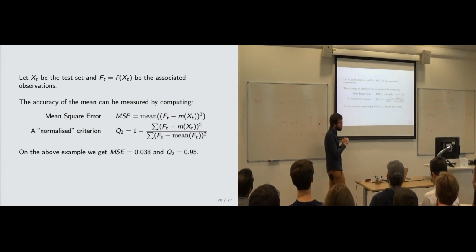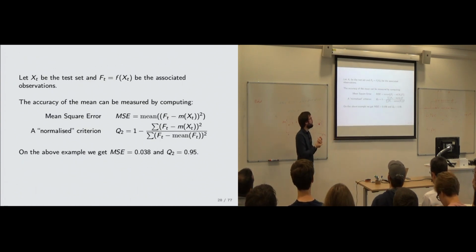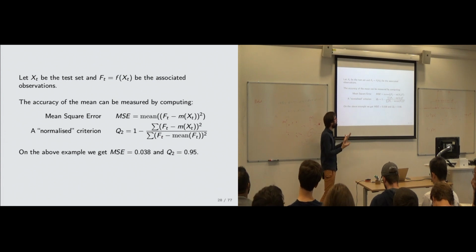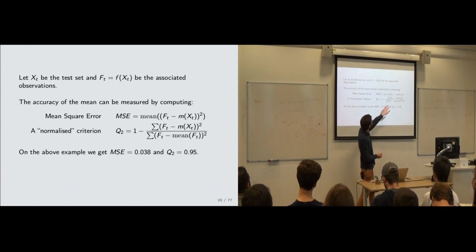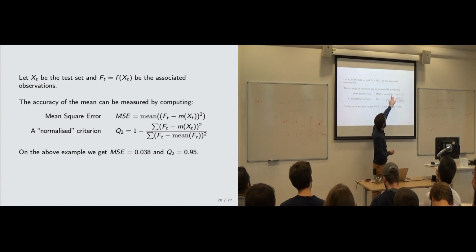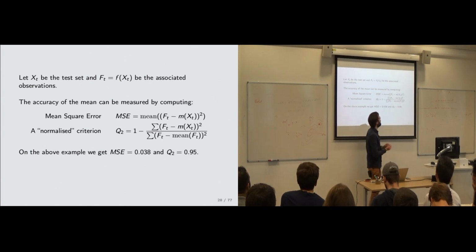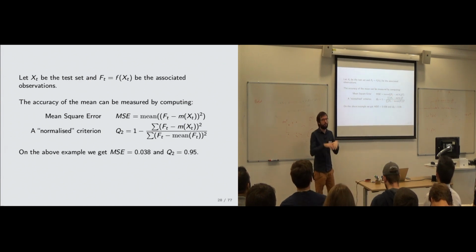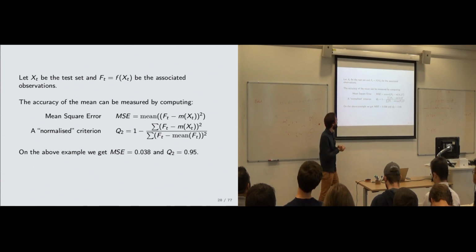If we want to just look at the mean, we can use classic criteria to assess the quality. Typically you have a test set of new points, and you compare the value you have on your test set minus what has been predicted by your model. You square that and you take the average of it. That's the usual mean square error.